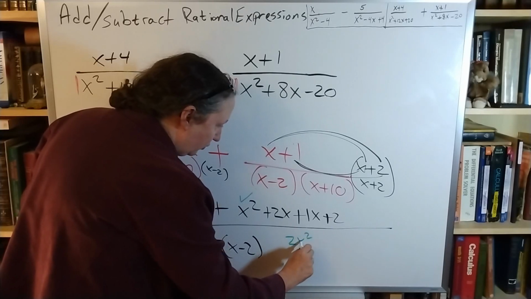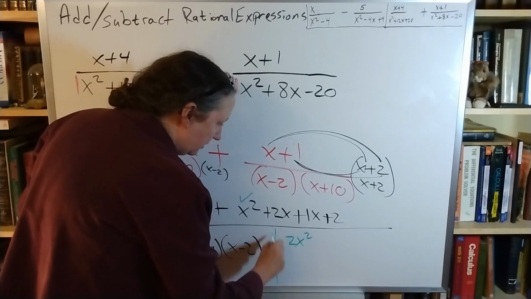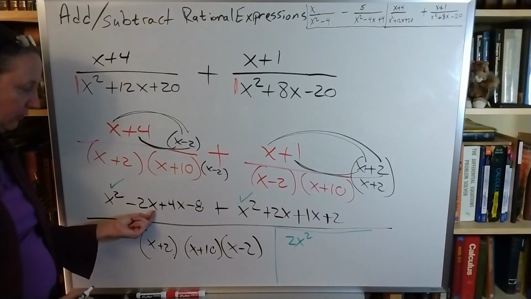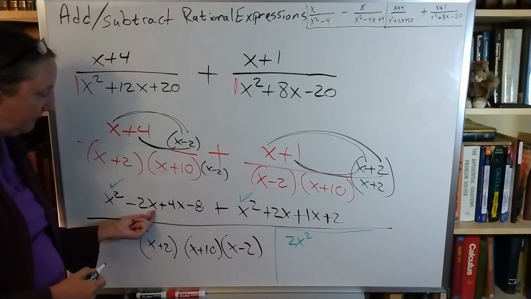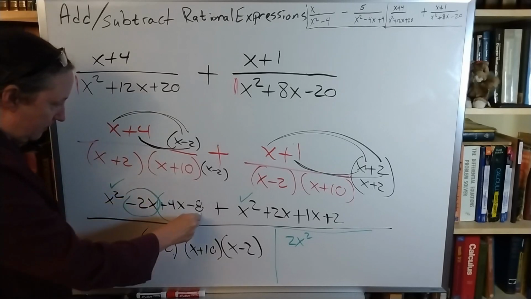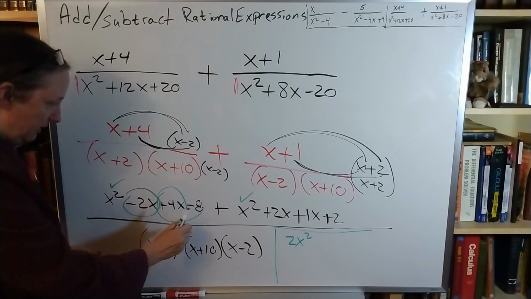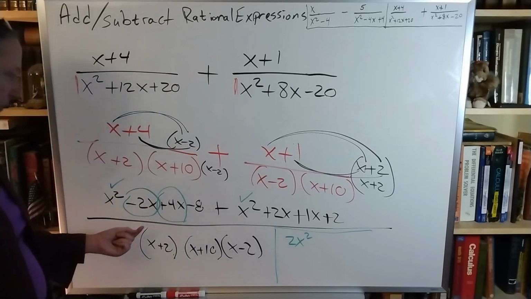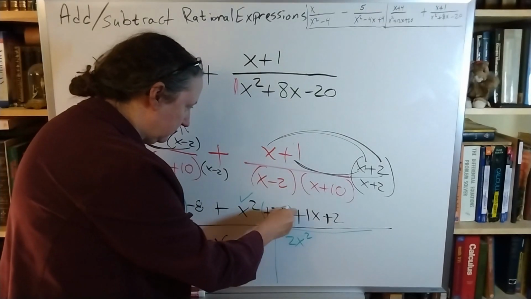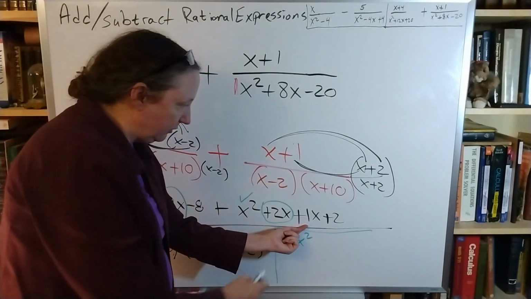Pardon my squeezing this in. Okay. Now I have x to the first. Do I have anything else with x to the first? There. Not the 8. There. x to the first here. x to the first there.